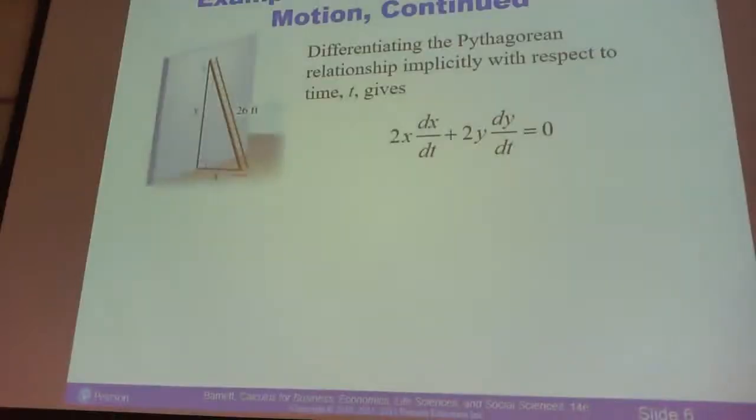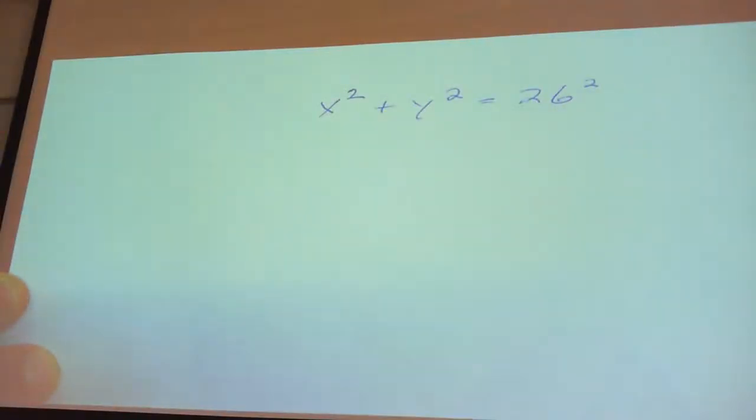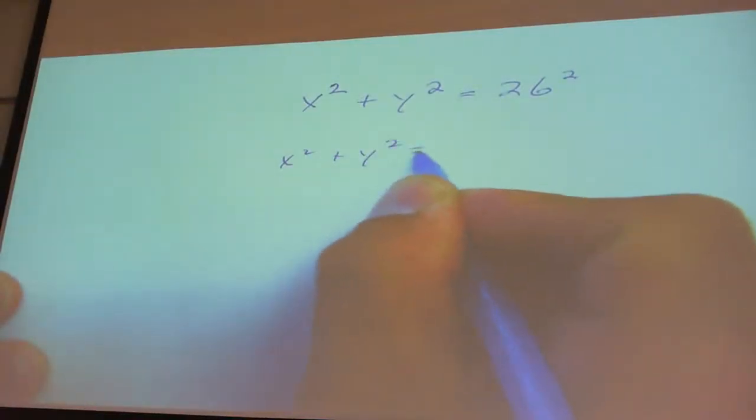Differentiating the Pythagorean theorem implicitly, that's the section we skipped, with respect to time gives us this. So let me show you how we got from one to the other. You have the first equation, x squared plus y squared equals 26 squared. Let's simplify that. What is 26 squared?